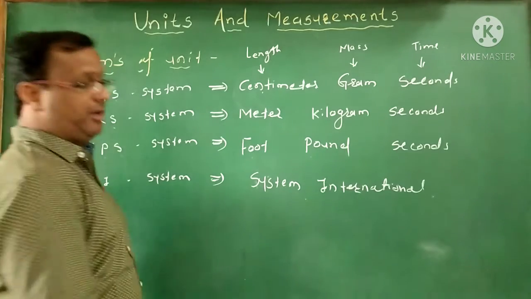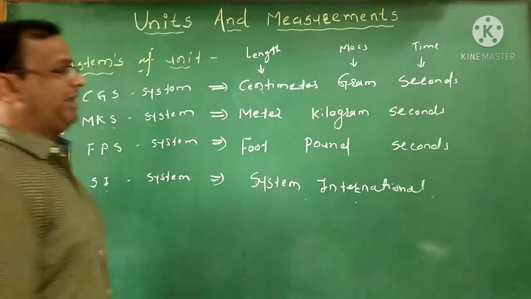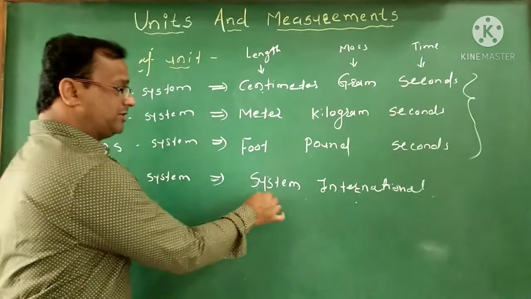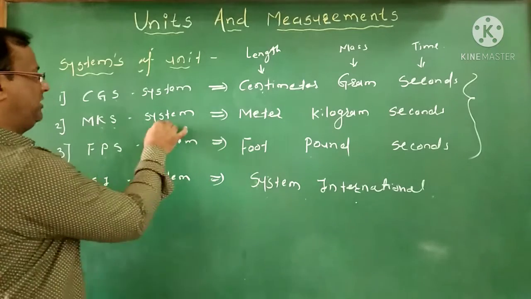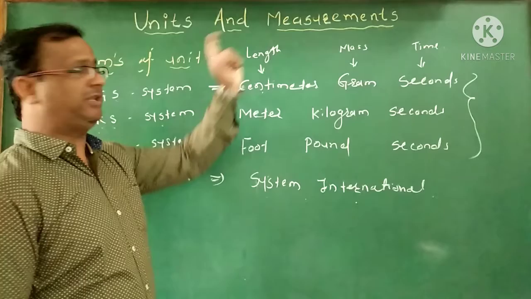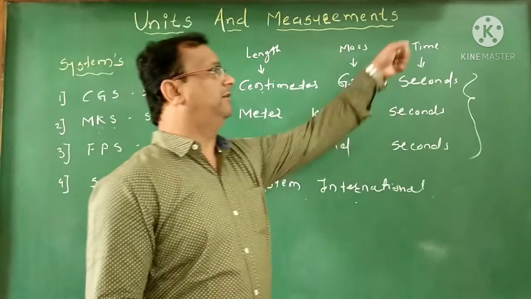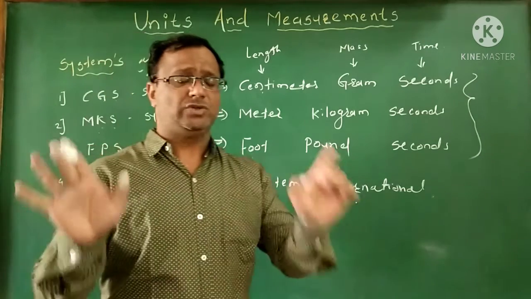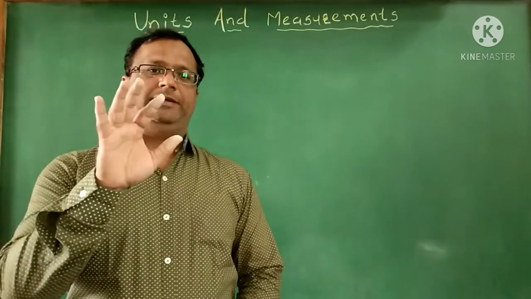So that's why nowadays we use the System International, and the others are the old systems. But again in System International we use the MKS system, that is meter to measure length, kilogram to measure mass, and second to measure time. Right? So this is about the systems of units.